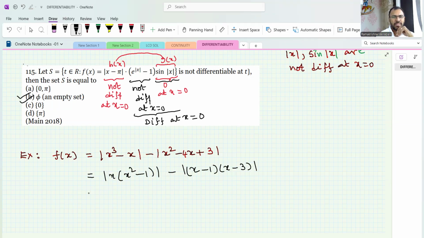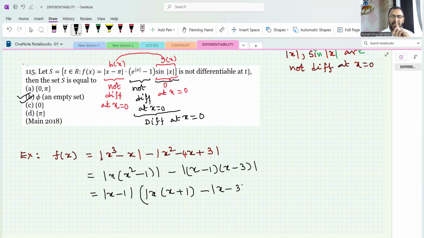Now you see that I can take x minus 1 common. Now, this is x into modulus of x plus 1, minus modulus of x minus 3.